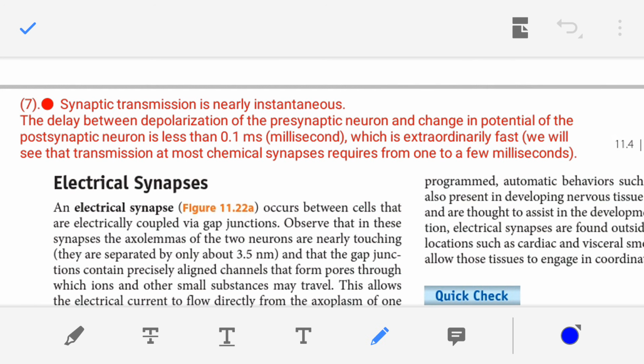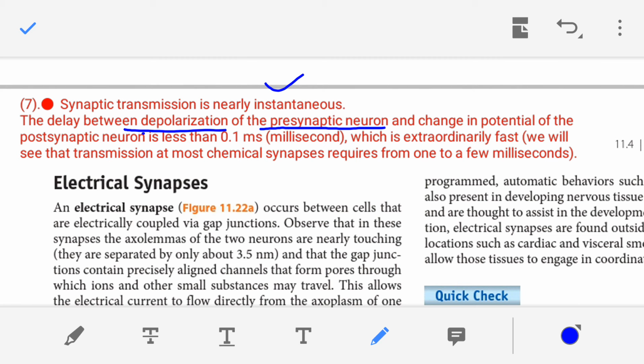Now, synaptic transmission is nearly instantaneous. That means the traveling speed of nerve impulse is very fast. See, when the nerve impulse propagates, the presynaptic neuron first depolarizes.